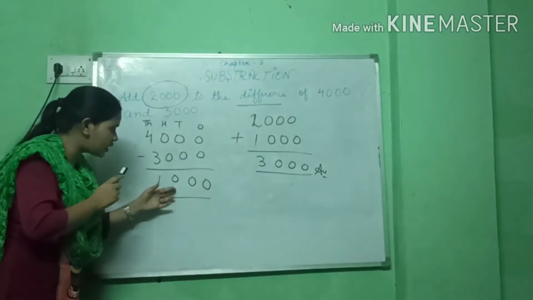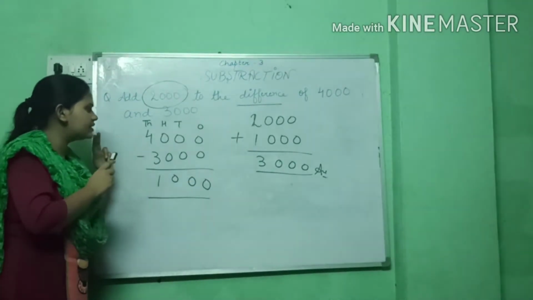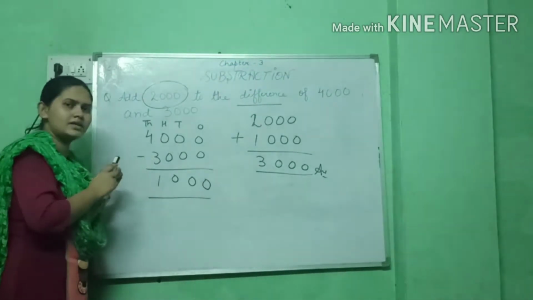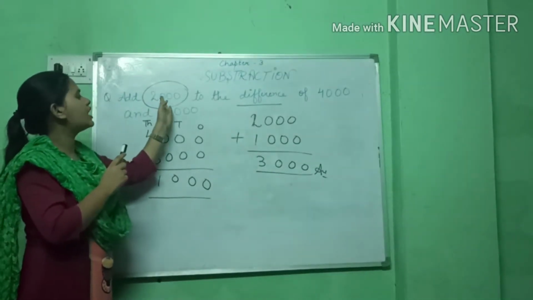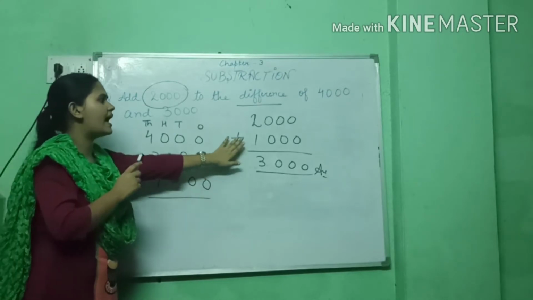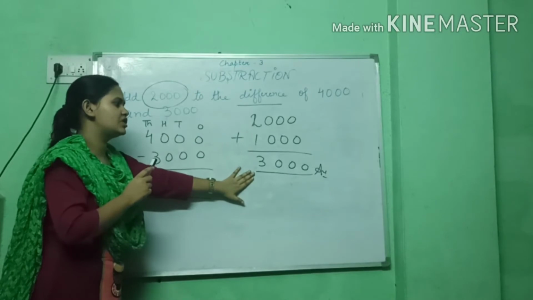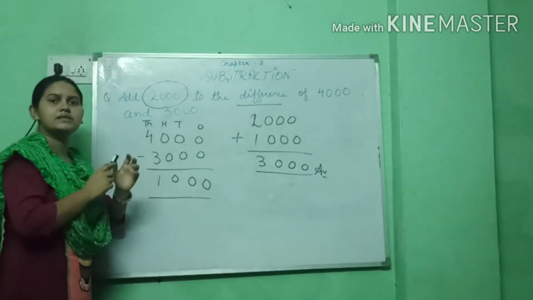We have subtracted these sums, and then we get the difference of 4000 and 3000. Once we get that difference, we have to add the 2000 into it. So when we have our difference, we will add our 2000 to 1000, and the addition is 3000. In this way, we get the answer of this statement sum.